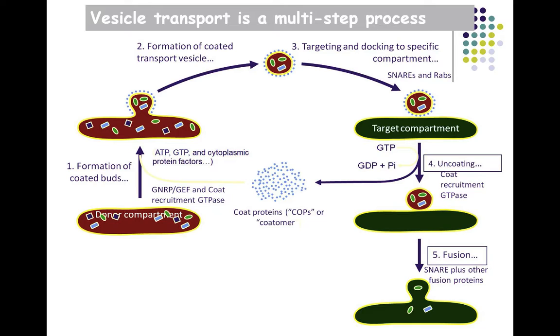Now, the transport vesicle from the originating compartment possesses a specific coat protein surrounding it that will allow the target compartment to recognize it. Now, the process of recognition will lead to docking and then eventual fusion of the transport vesicle and release of the cargo molecules inside the target compartment.